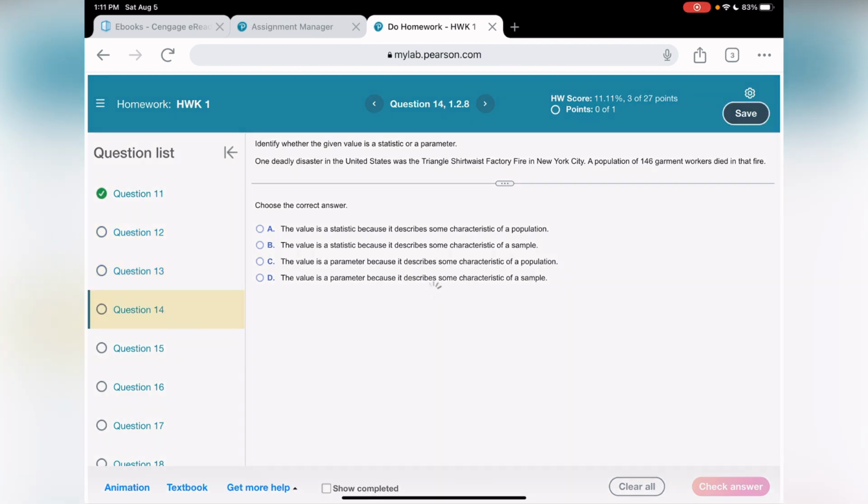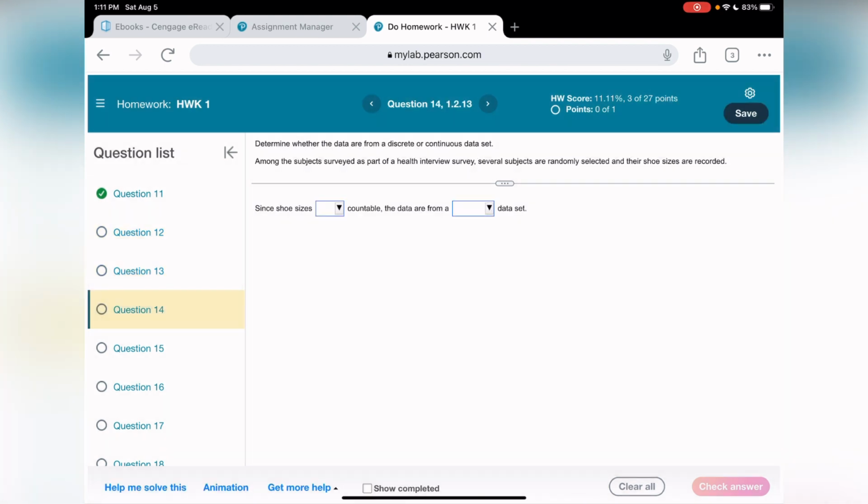Number 14, let me see what is in there. Determine whether the data are discrete or continuous. I also explained this. Discrete data can be expressed by numerical values, specific values.